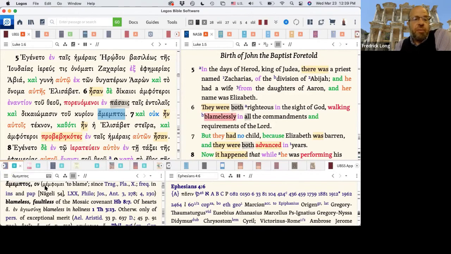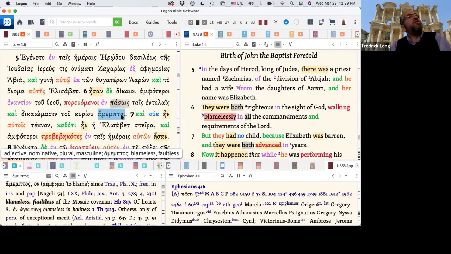It's from the verb memphomai, to blame, and it has an alpha privative on the front, which negates that. And then the -tos is a type of ending you can do with adjectives formed from verbs that indicates a past passive sense. So agapetos means beloved, and this one means blameless. It's hard to translate it like that. So blameless, essentially.